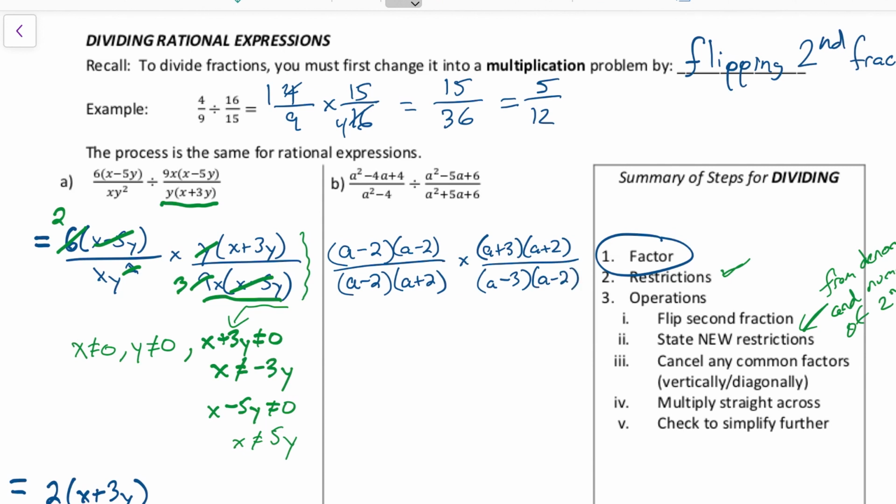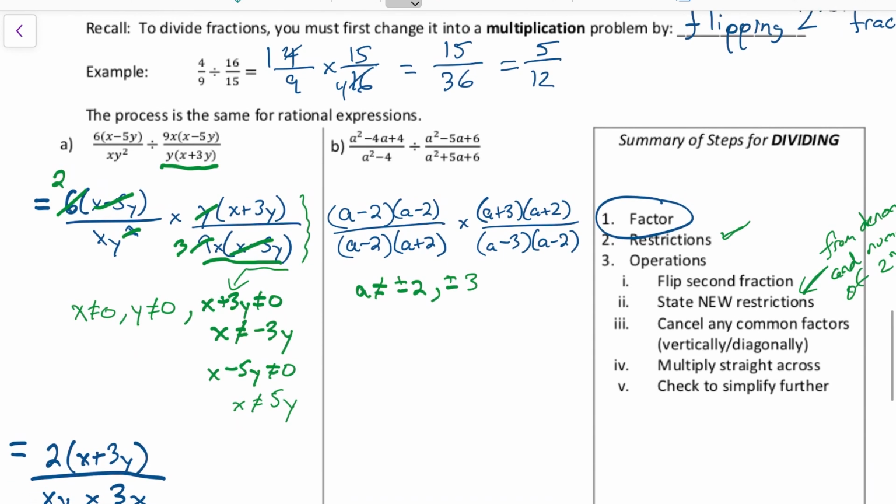Yes, like that. And then we can state our restrictions. So a cannot equal positive or negative 2 from the first denominator. And then looks like positive or negative 3 because I'm taking it from the numerator and denominator. And then those 2 and negative 2 repeat themselves. So we're good. So we got 4 different restrictions.